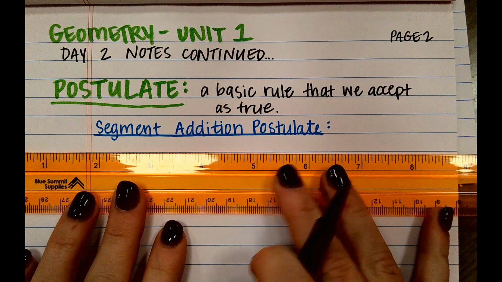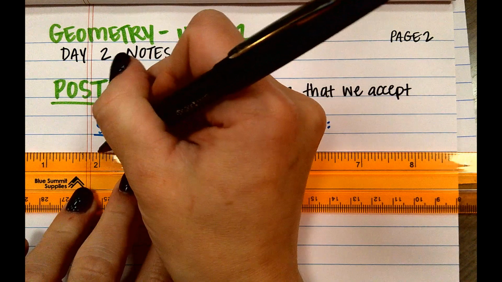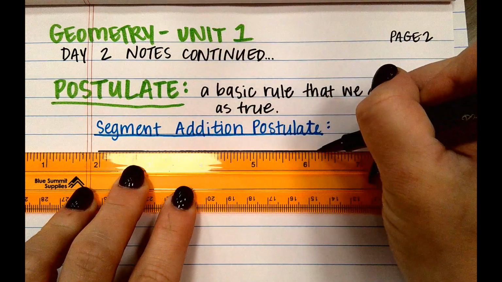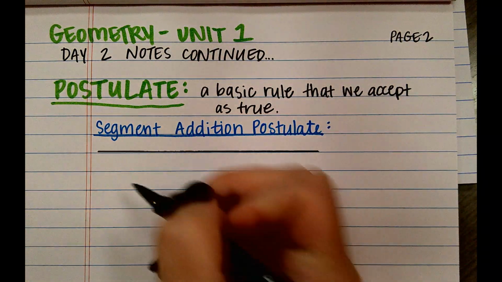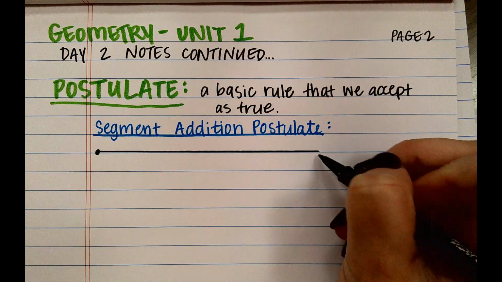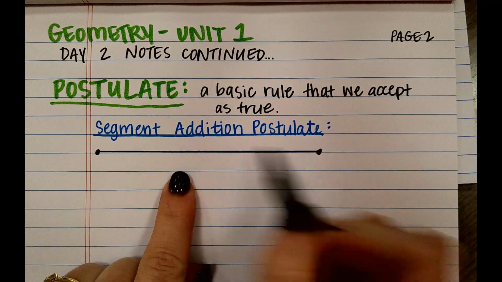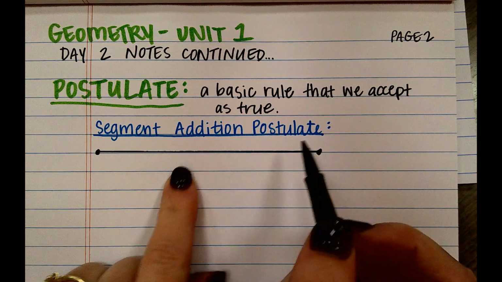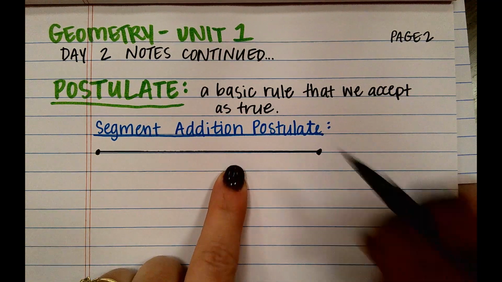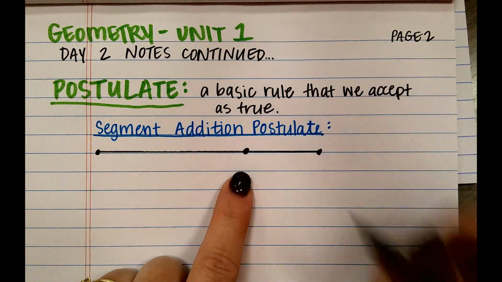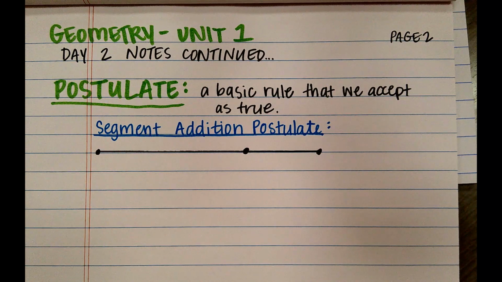Let's do this. I'm going to draw a line segment with endpoints, and somewhere on that line segment we're going to draw another point. It doesn't have to be in the middle, just somewhere on that line. And we are going to label these points A, B, and C.